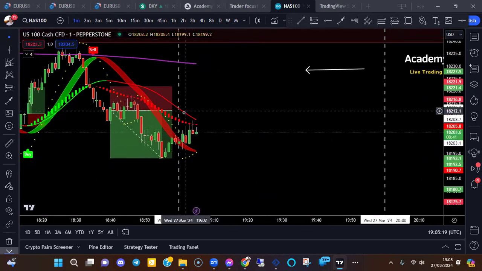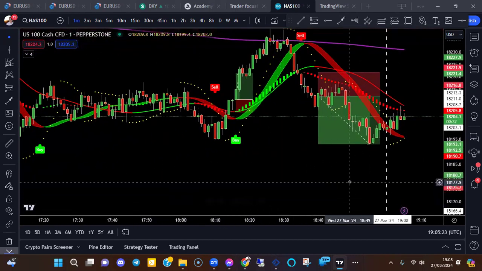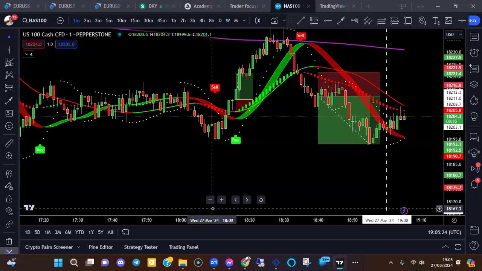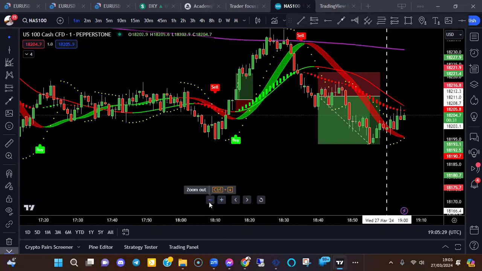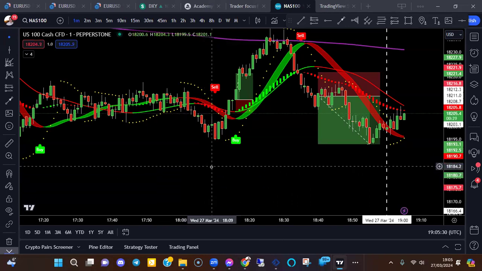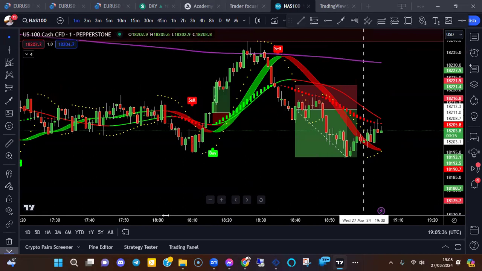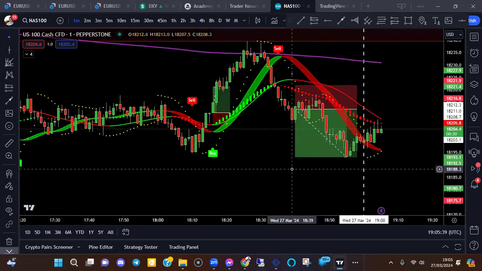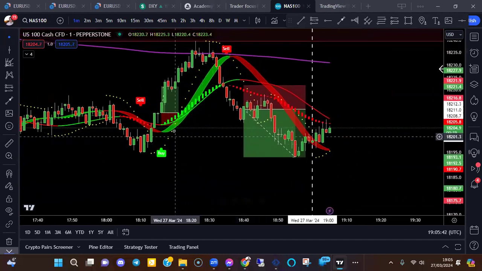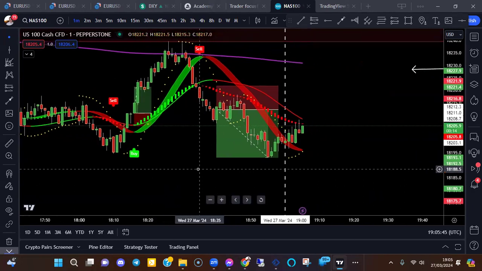So in fact, the time is between 6 and 7 now because we're 4 hours in front of the US instead of the 5 hours. So as you can see, the time would have been between 6 and 7, where we would have got the first trade and we would have been done.